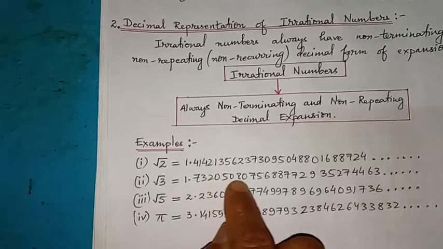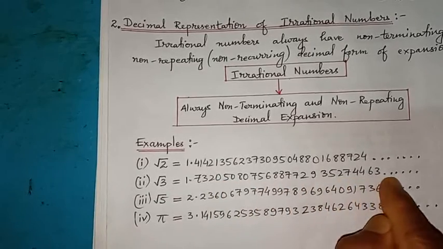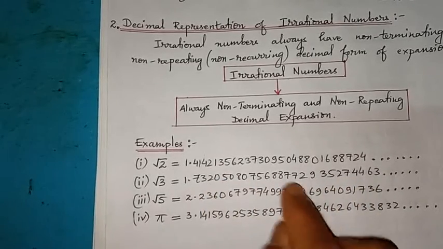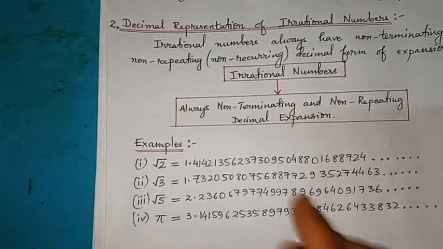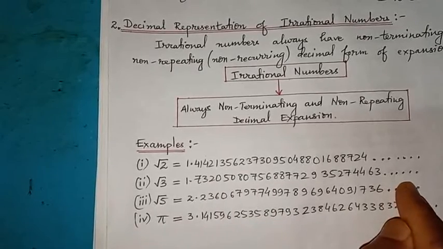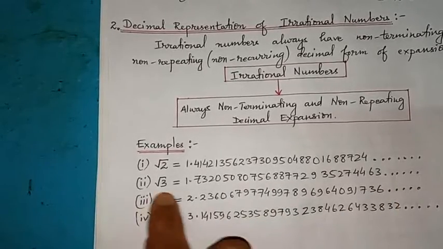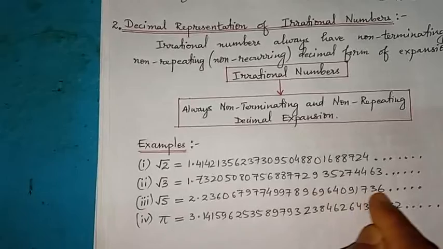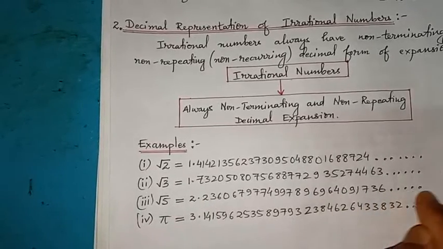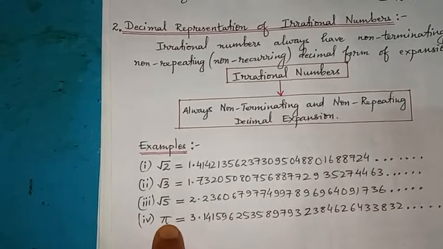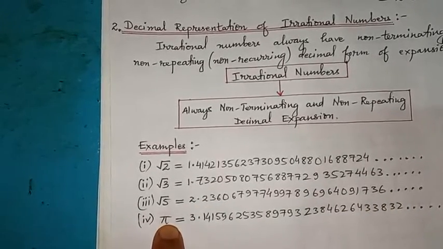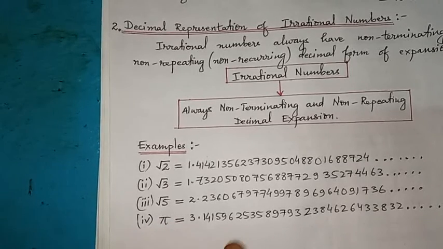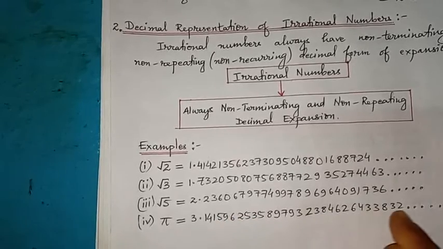A particular group is not repeating; they may repeat only 2 or 3 times, but then it doesn't come again. Same here, the value of the square root of 5, non-terminating and non-repeating. And pi, which we generally use in mensuration, is a very useful constant: 3.14159, in this way, non-terminating and non-repeating.